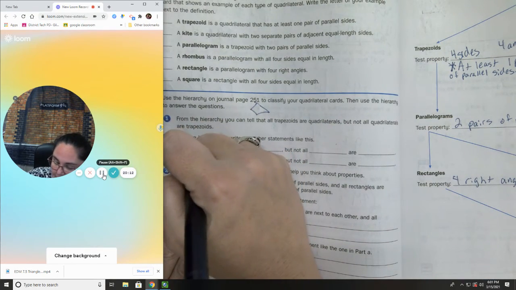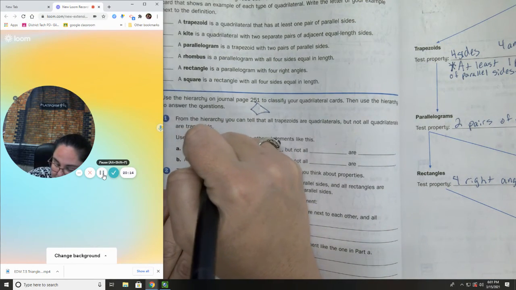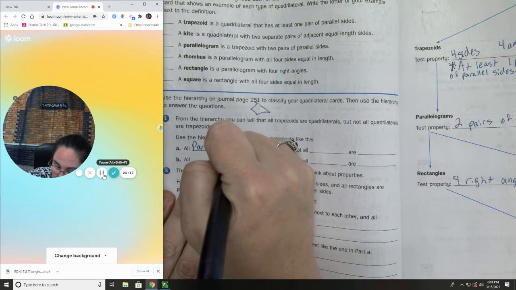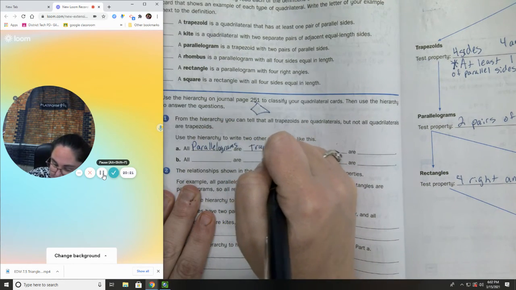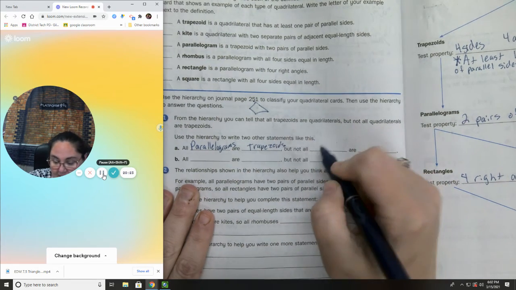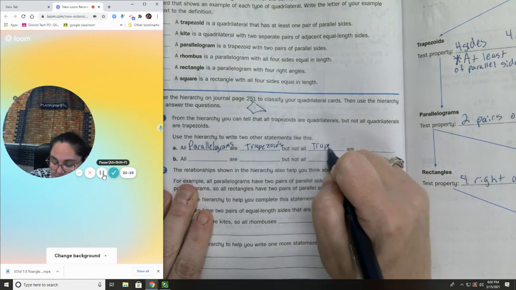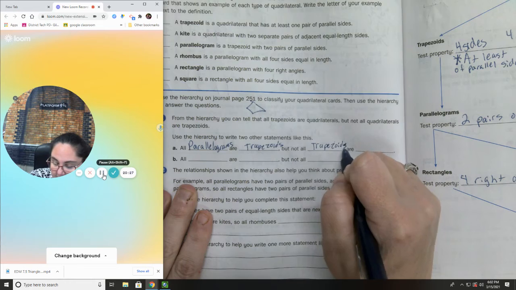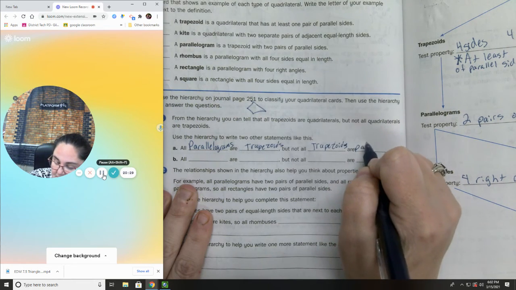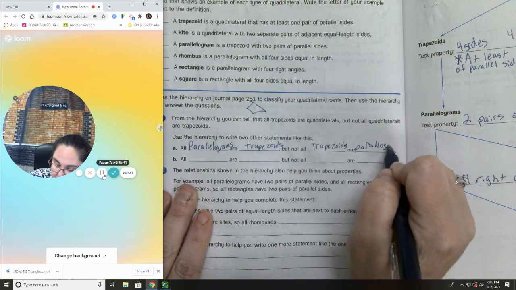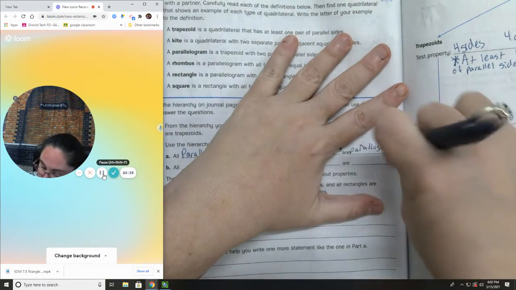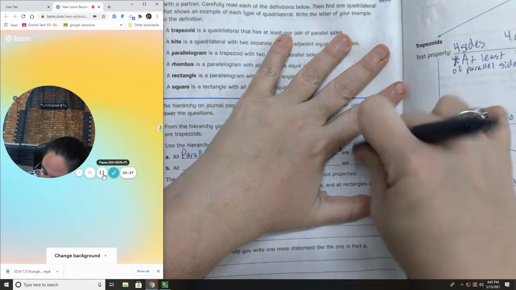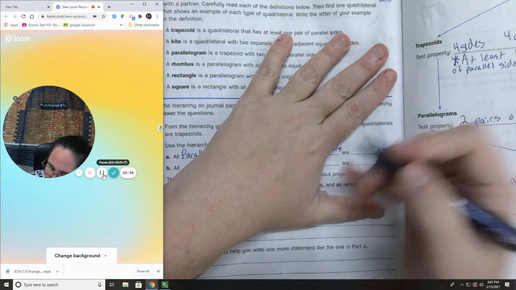So all parallelograms are trapezoids. But not all trapezoids are parallelograms. And I wrote that really sloppy, but it's right there next to you. I was trying to write it fast. Pause the video if you need to.